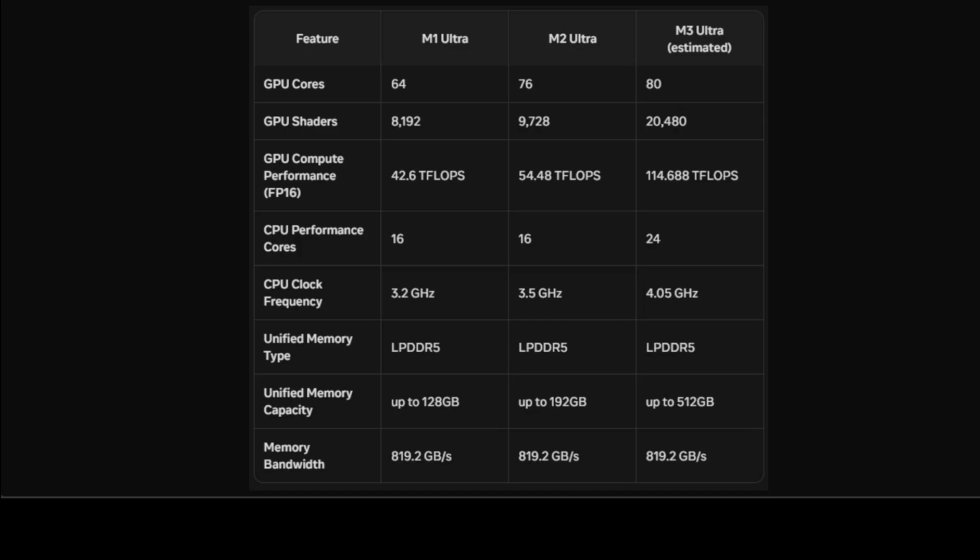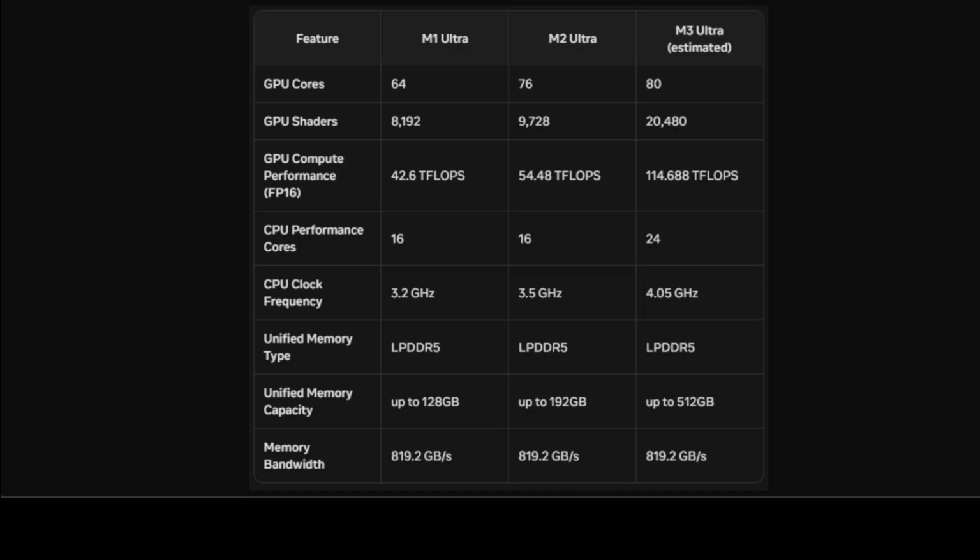But its GPU performance doubles compared to M2 Ultra and exceeds the M1 Ultra by about 2.6 times. This major performance leap is achieved through, I believe, the GPU's shader density. Shaders are smaller computing units within the GPU cores dedicated to processing and rendering graphics or parallel computing tasks.